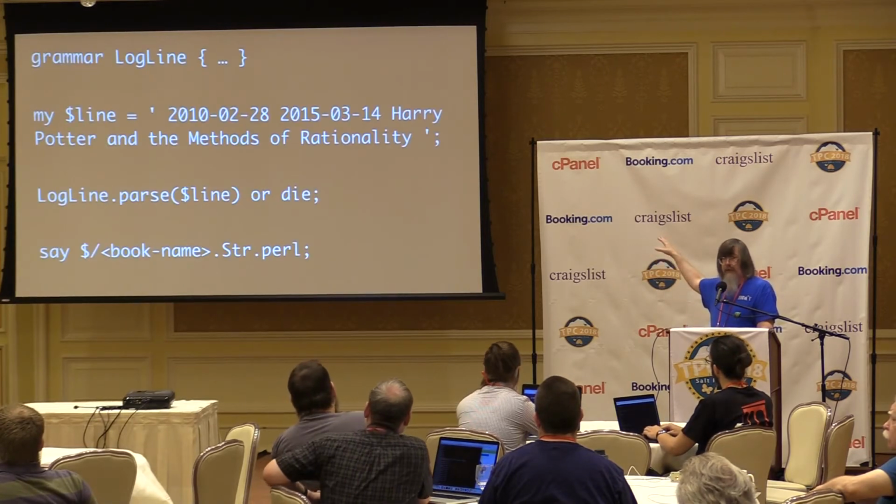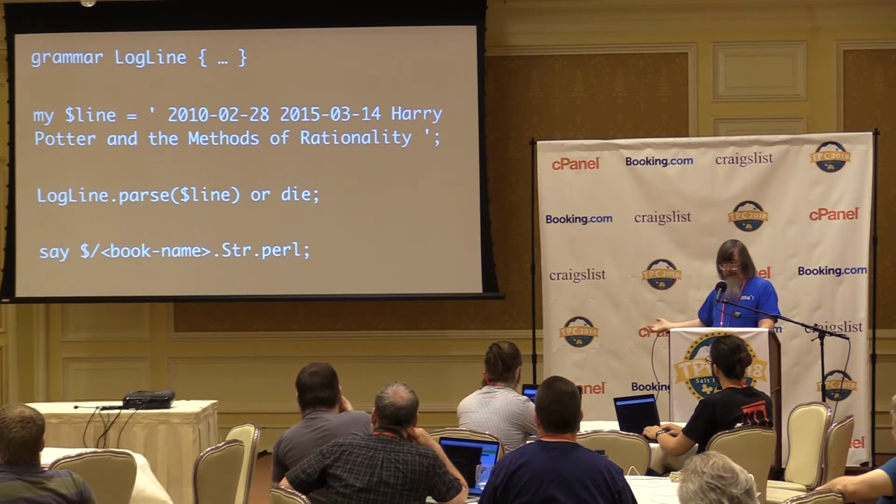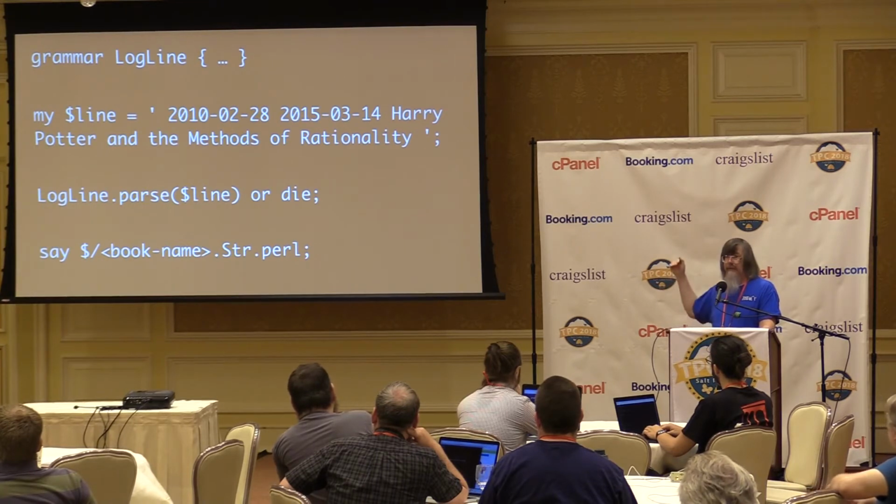I haven't shown the grammar yet, but we've got a line of text from the log. You tell the grammar to parse the line, and if it succeeds, then in $/ you can get to the pieces that were captured. The $/ contains all the matches and submatches.